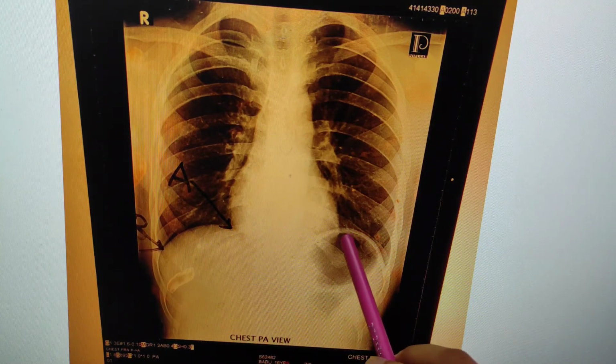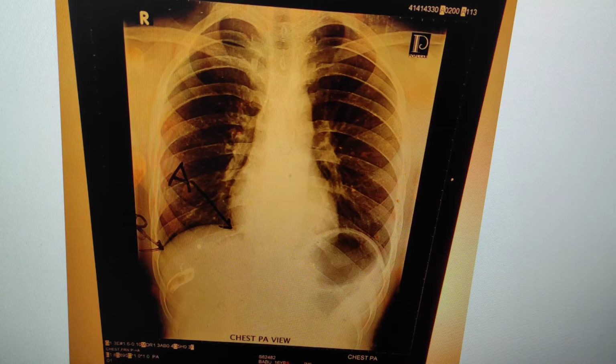The costophrenic and the cardiophrenic angles are normal, but when there is accumulation of fluid in the lungs or pericardium, these angles become obliterated.